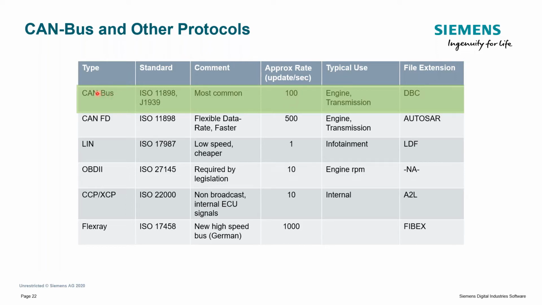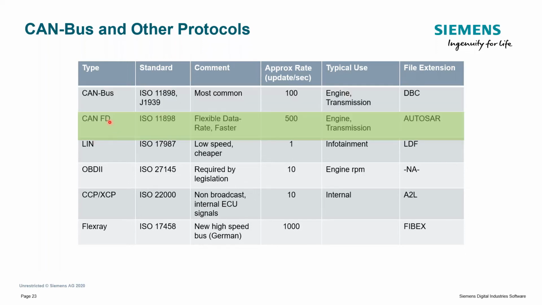So there's a next generation CAN bus called CAN FD. CAN FD stands for Flexible Data Rate. It's faster, allows more communication, does not use a DBC file, uses this AUTOSAR file. If you're using one of our systems, you also have to make sure you have the appropriate hardware.